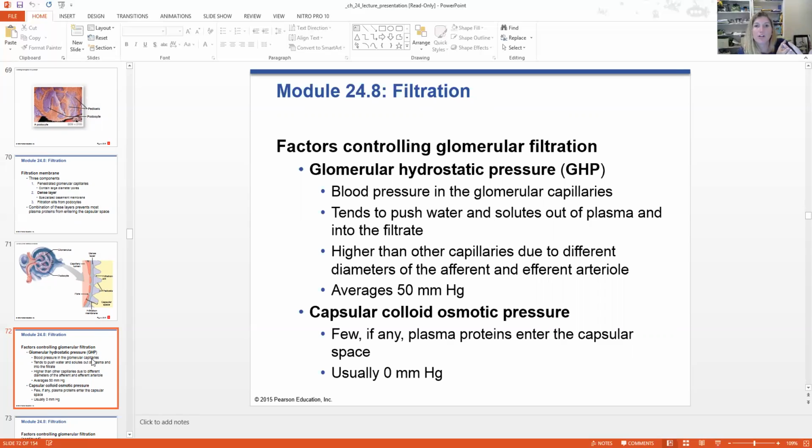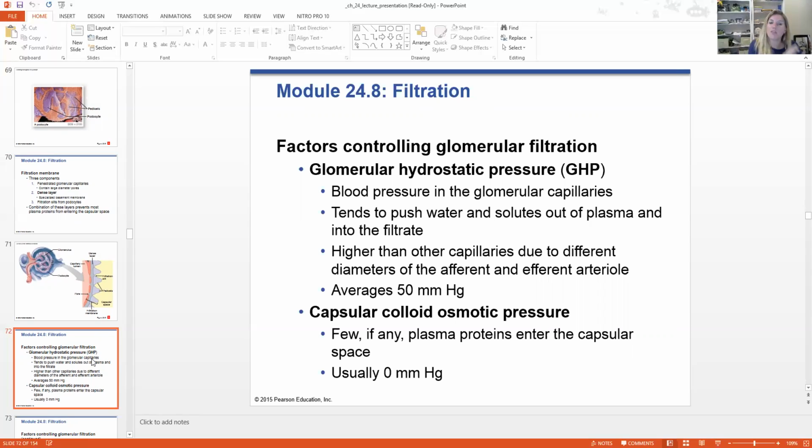Typically, our afferent arteriole is very much dilated. Our efferent arteriole is smaller. So this is going to slow the flow of blood through our glomerulus. That slow flow is going to increase the hydrostatic pressure. With an increase of hydrostatic pressure, you're going to kick more stuff out at the glomerular capillaries than you would at, say, the capillaries in your brain or anywhere else in your body.